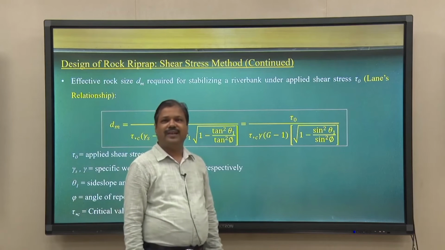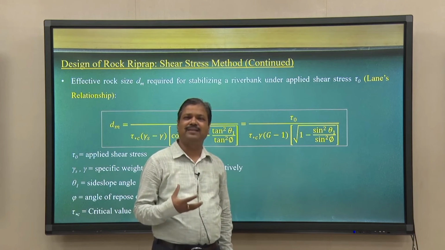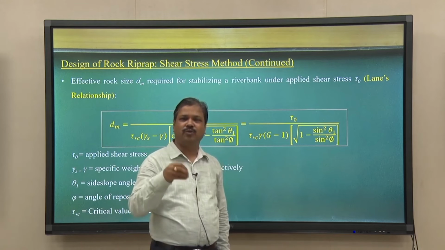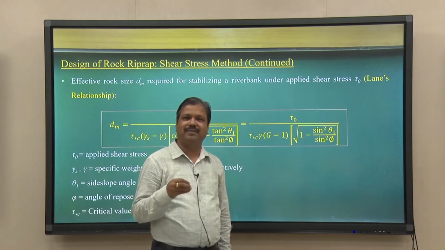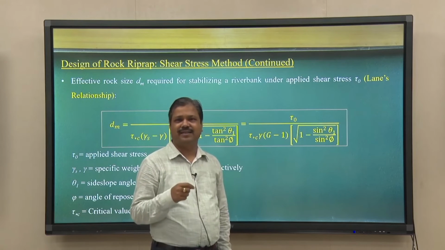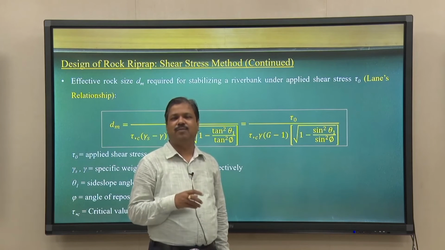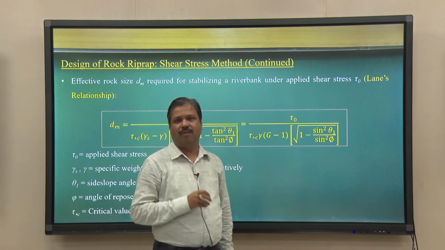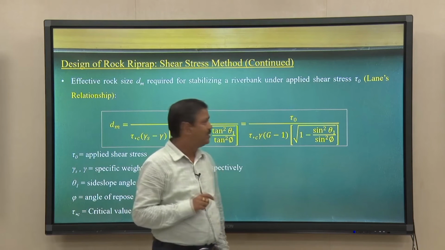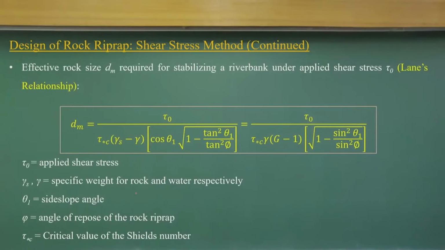Now, in the design by shear stress methods, as I said, you can consider it as a particle stability analysis, with the dumped stones equivalent to bed material or bank material particle stability. We can analyze it and find out the relationship between the size of the bed particles or bank particles as a function of the applied shear stress.